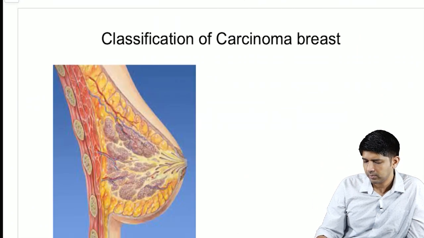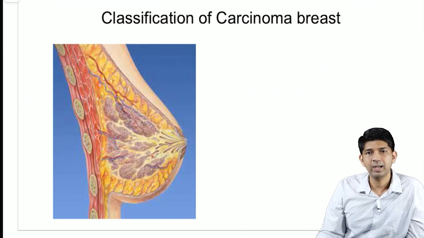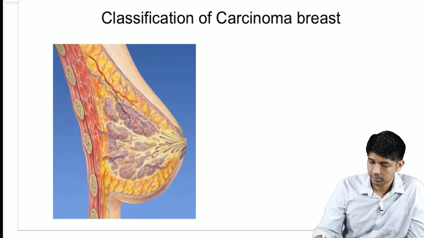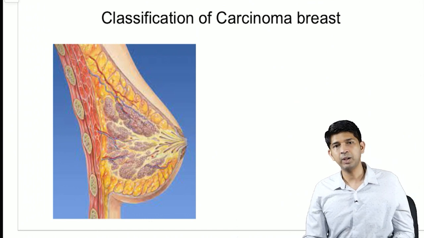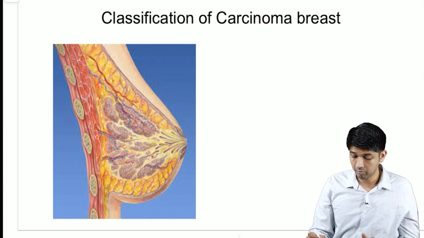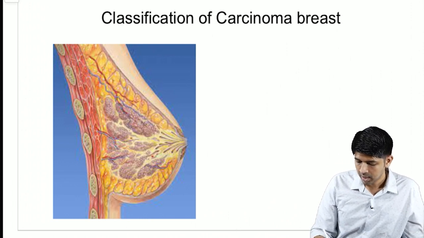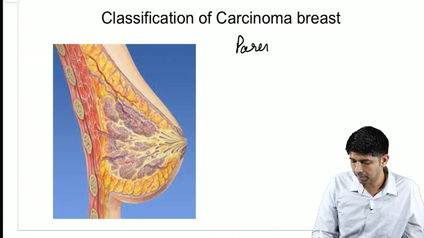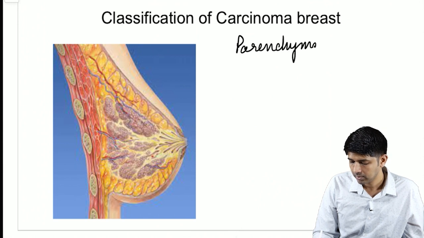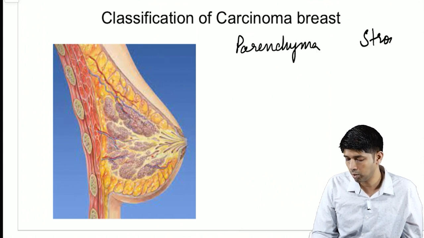And now let's move on to classification of carcinoma of the breast. Now coming to classification of carcinoma, again we studied about the structure of the breast, so the same thing can be applied here. You can have carcinomas arising from the parenchyma or carcinomas arising from the stroma.